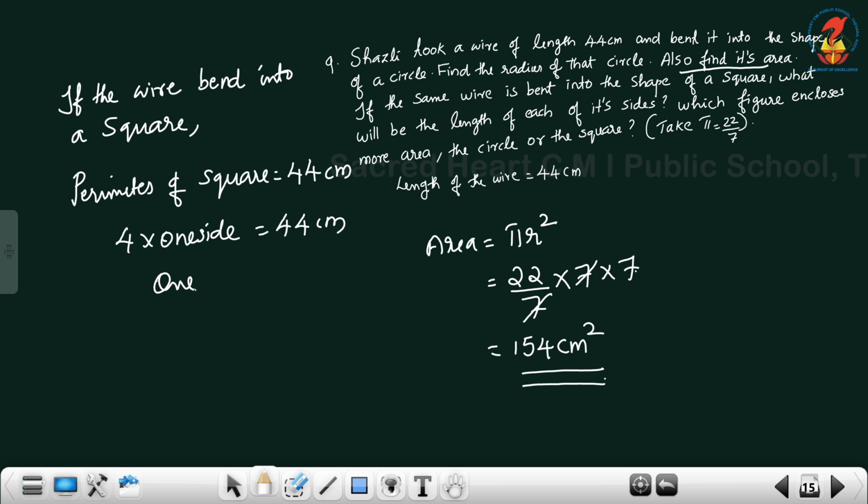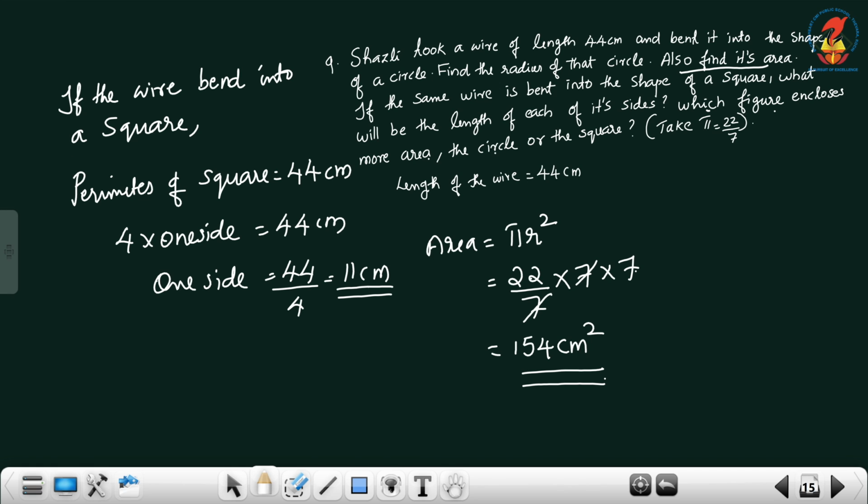Therefore, one side equal to what? 44 divided by 4 equal to 11 centimeter. One side equal to 11 centimeter. Then next one, what will be the length of each of its sides? 11 centimeter.